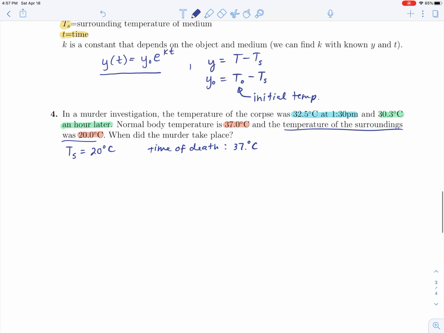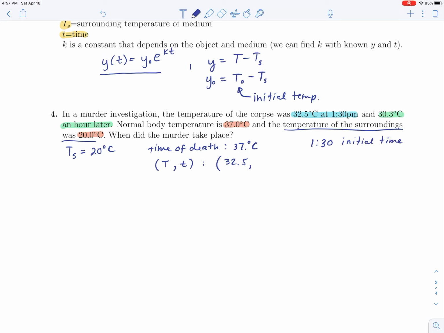We also have what amounts to a couple of ordered pairs. So let me just write it like this, T comma t: we have 32.5, comma 1:30. So let's go ahead and make that 1:30 our initial time.